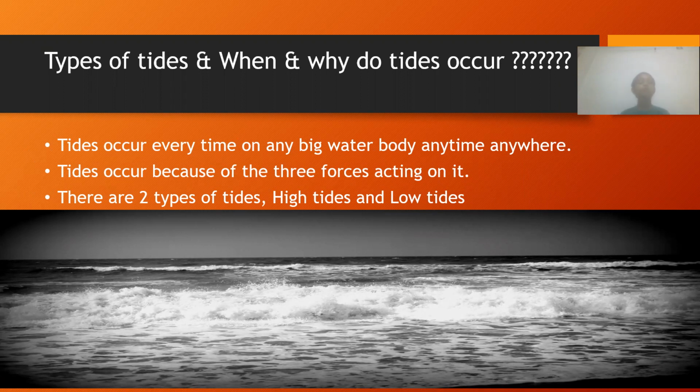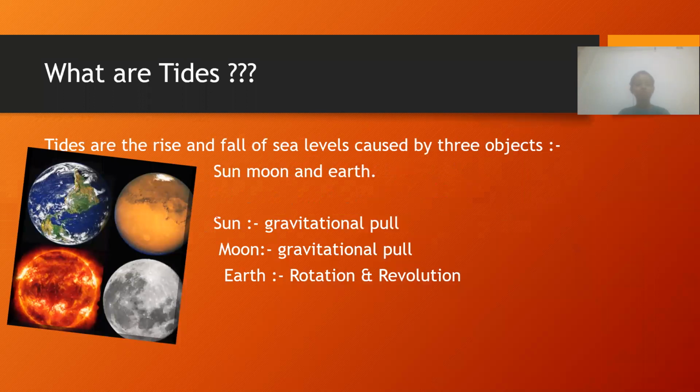Tides occur because of three forces acting on it: the sun's gravitational pull, the moon's gravitational pull too, and the Earth's rotation and revolution.